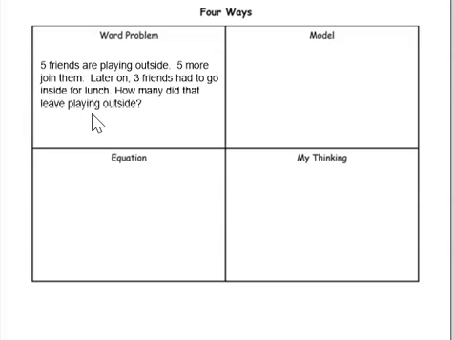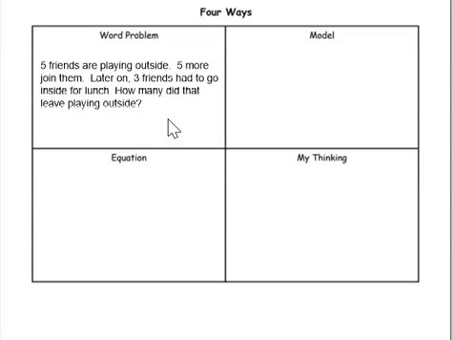So let's think about what's going on in that problem. We know there's some friends playing outside, and some more join them. So does that mean there are more friends at this time? That's right. If some more come and join them, then we have a lot more friends out there. But then later on, some friends had to go inside for lunch.